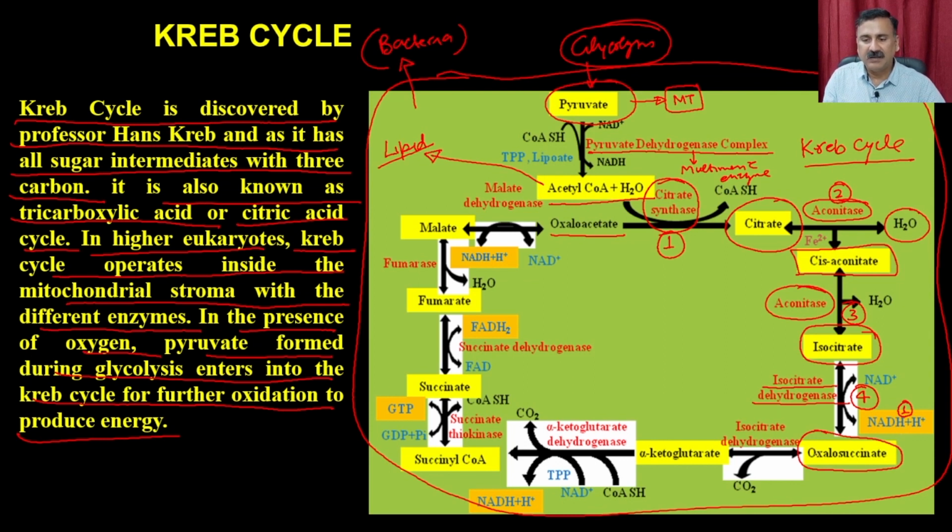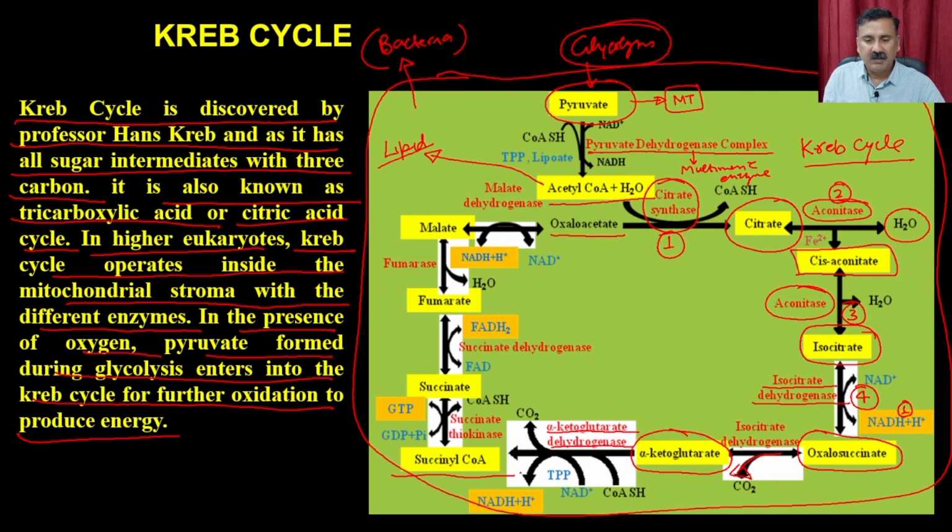Then from the oxaloacetate, there will be a decarboxylation reaction, and the decarboxylation reaction is going to be catalyzed to produce the alpha ketoglutarate, and alpha ketoglutarate is then going to be dehydrated, and it is going to get converted into the succinyl CoA, and the enzyme name is alpha ketoglutarate dehydrogenase.